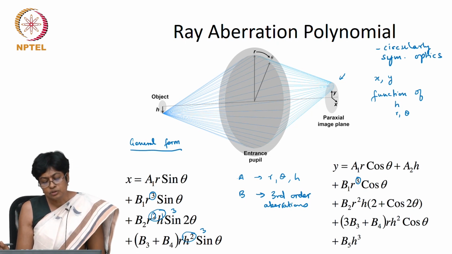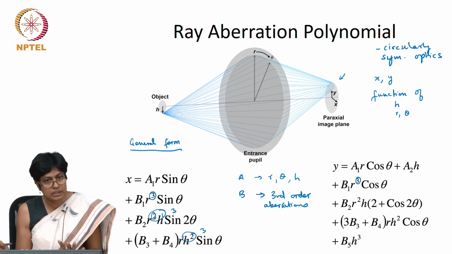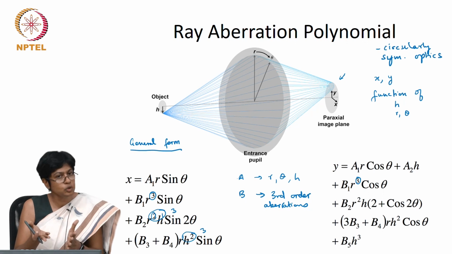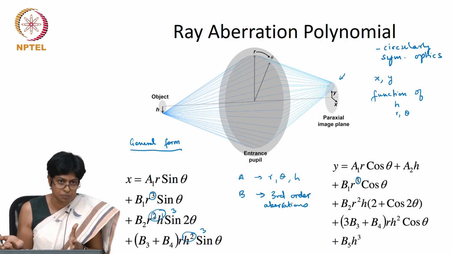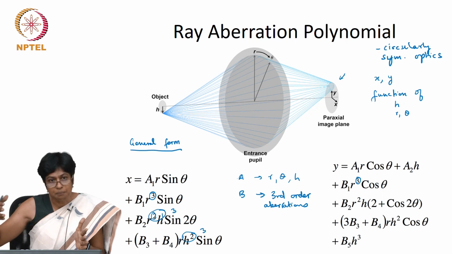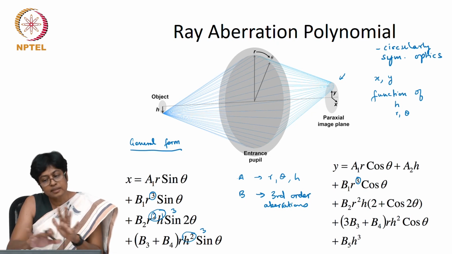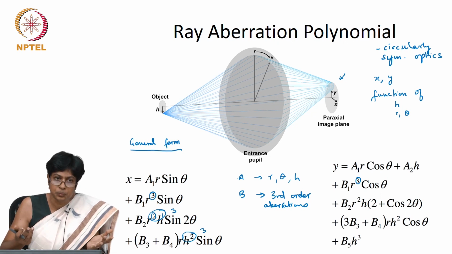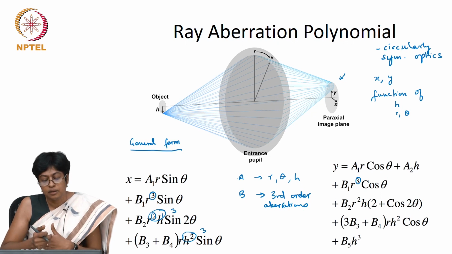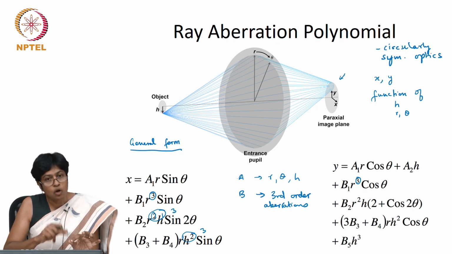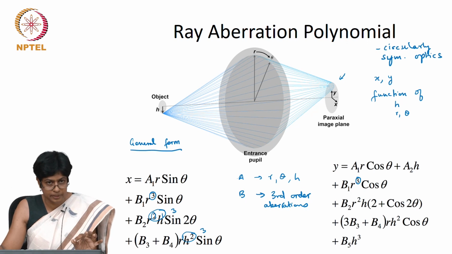You can derive them for a very simple system, using some form of matrix optics, but it would get very cumbersome if you are doing it for a complicated system. So here he has derived it, taking some things that you know into account. For example, any axial object point will also lie on the axis in the image space.